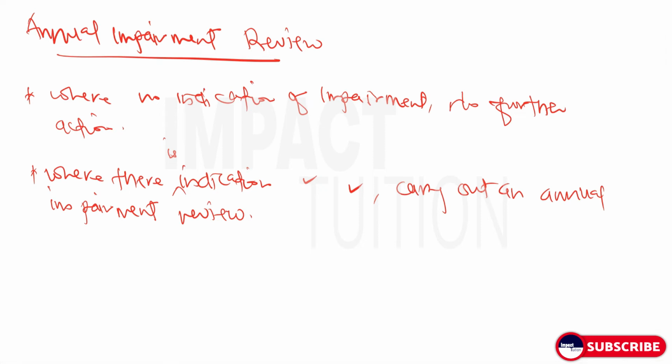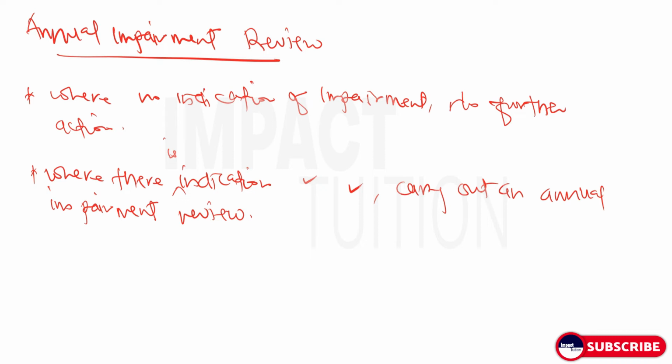Now, the exception to this rule is goodwill acquired in a business combination, an intangible asset with an indefinite useful life, and an intangible asset not yet available for use. We have a video on intangible assets. You can refer to that video to know more about impairment of intangible assets.